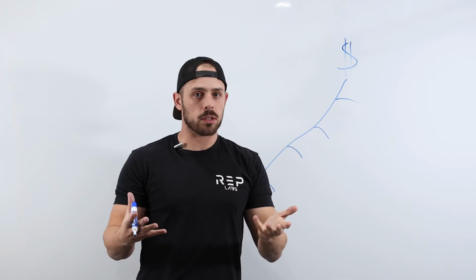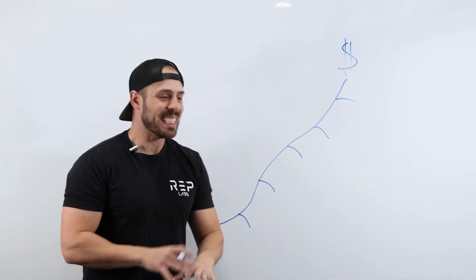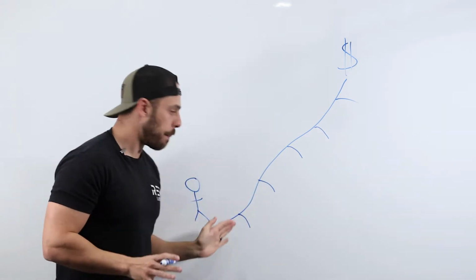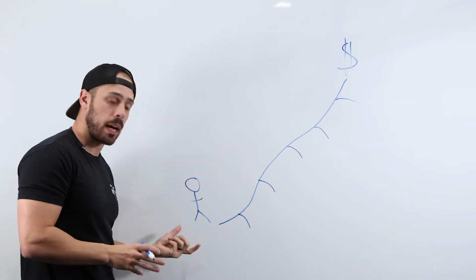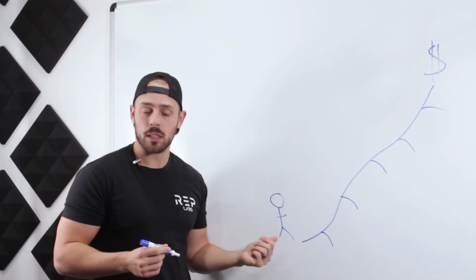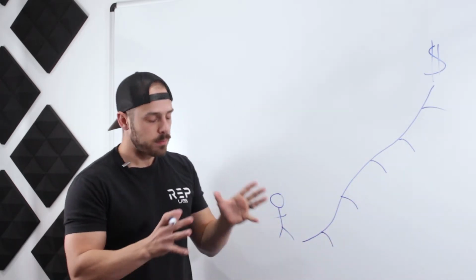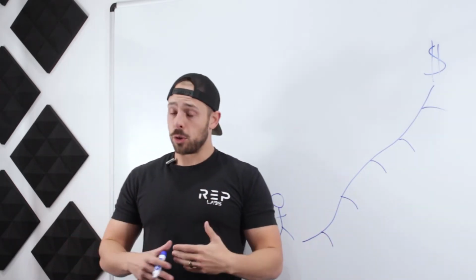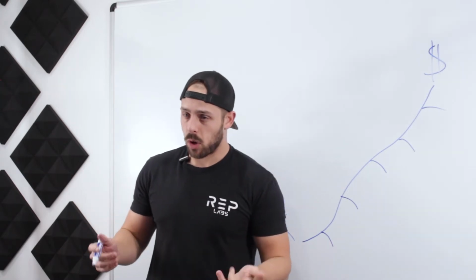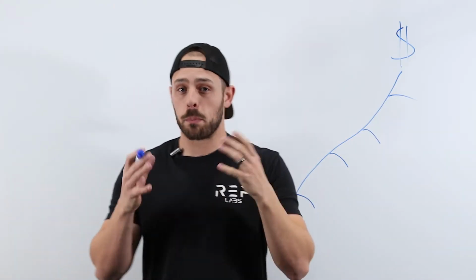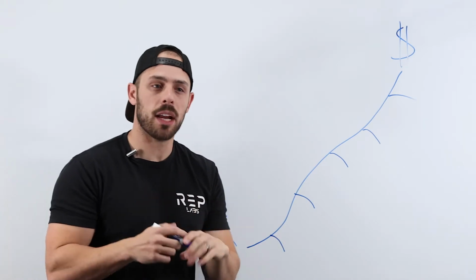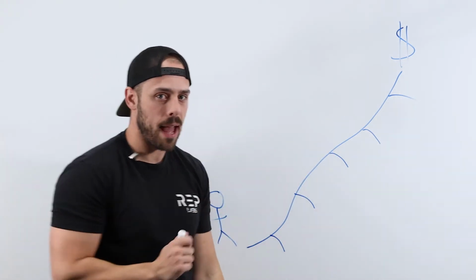But the problem is your brand new pixel doesn't know that path. So it has a hard time finding the right person that's going to get up that path all the way to purchase. All right? So what you have to do is optimize your Facebook pixel, right? But the problem is when you have a brand new pixel, it has 0 data. It doesn't actually know what the path is.